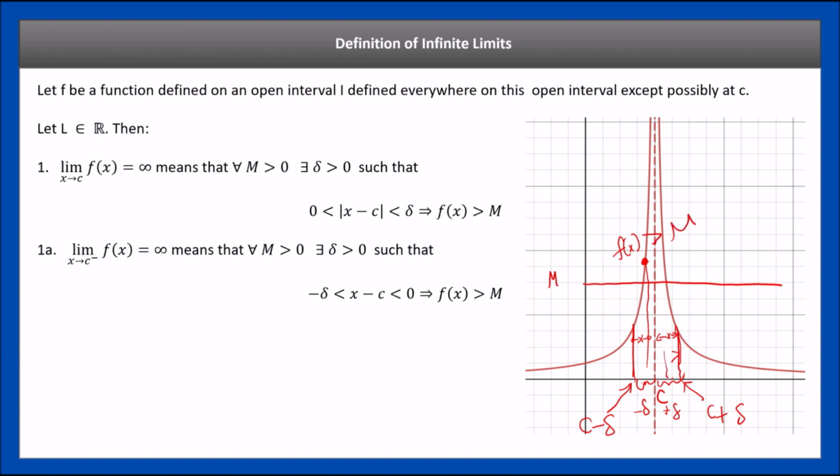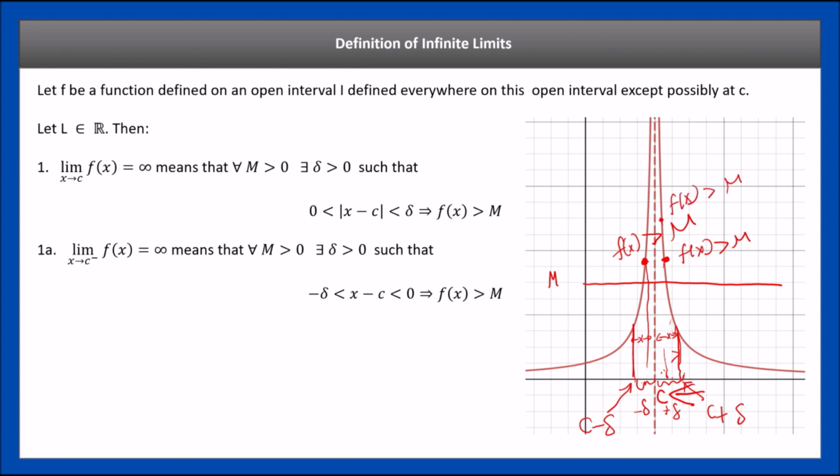And the same thing on the other side: we can find an x in this interval, and when you do this, it's going to imply that f of x is greater than m. Now, if you look at this picture, these are tiny delta intervals. But what we're saying is that as we're getting closer to c, f of x is getting greater and greater.